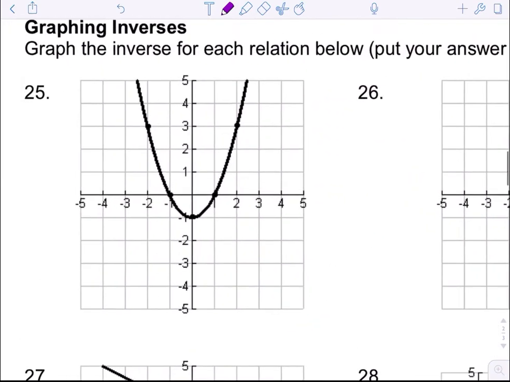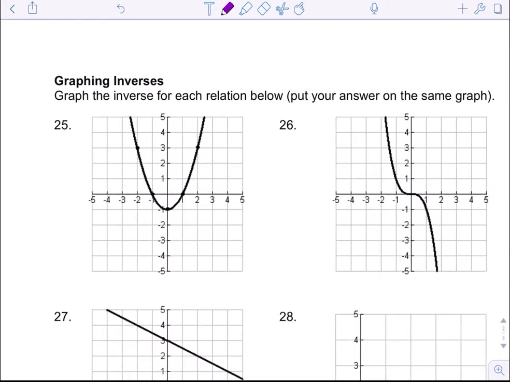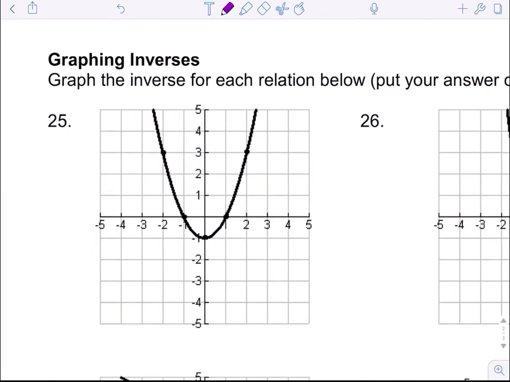Alright, lastly, so here's the graph. Graph the inverse for each relation below. Put your answers on the same graph. So if you plot this right, this is negative 2 comma 3. This is negative 1 comma 0. This is 0 comma negative 1, 1 comma 0, and 2 comma 3.